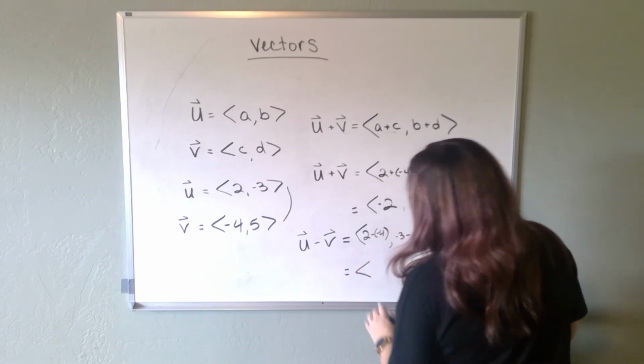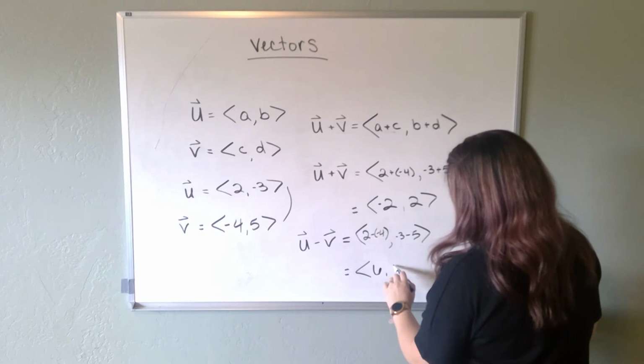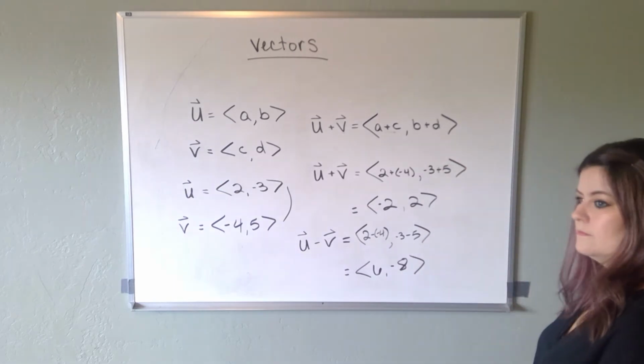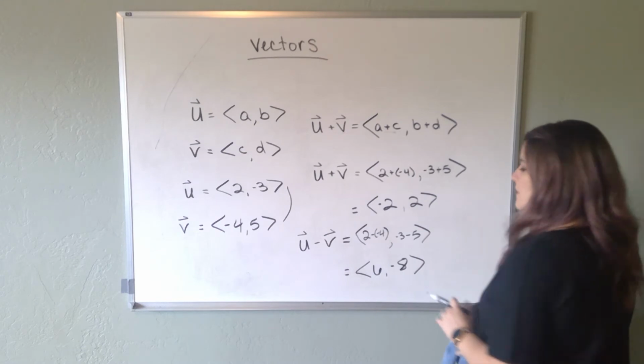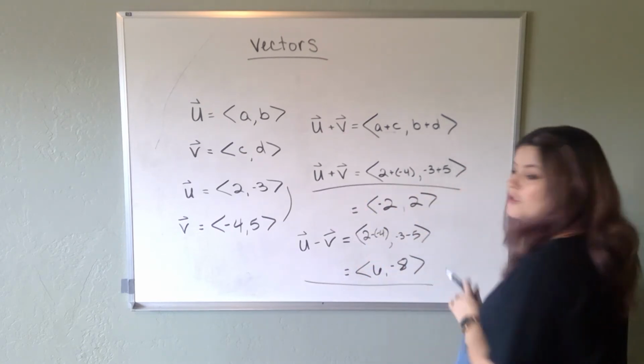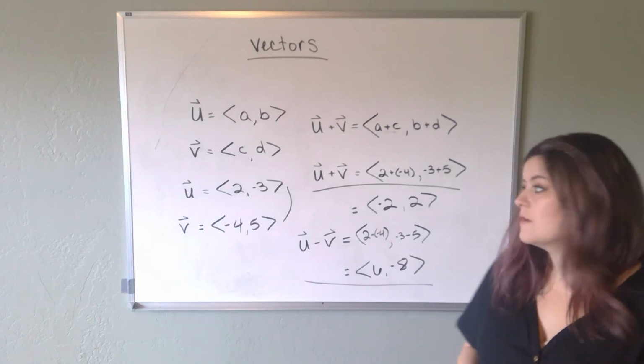So what we get there is, this is like 2 plus 4 now, so it would be 6, and then negative 8. So we have u plus v, u minus v. You will have vectors that you have to add and subtract from each other.